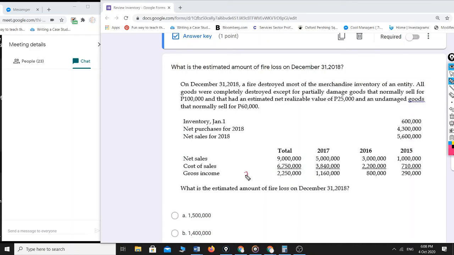So, this gross profit rate is 25%, or the percentage of the cost is 75%. So, to get COGS again, we multiply the 75% to the net sales. It still follows beginning inventory plus purchases, which gives goods available for sale, minus COGS. To get COGS, net sales times the percentage of cost, the 75%. Okay?